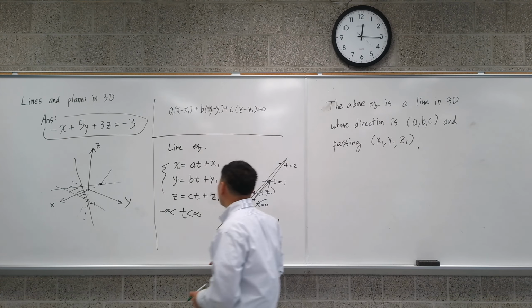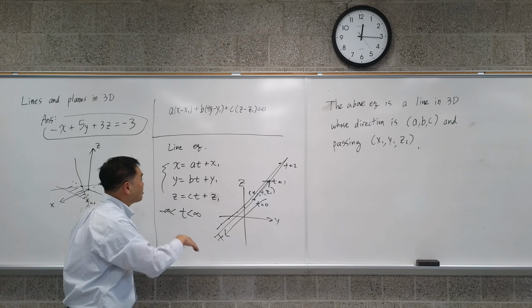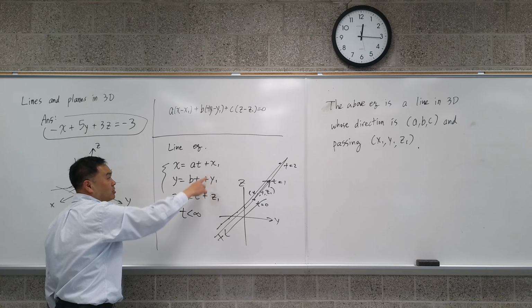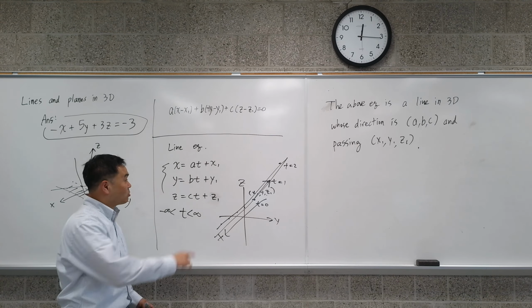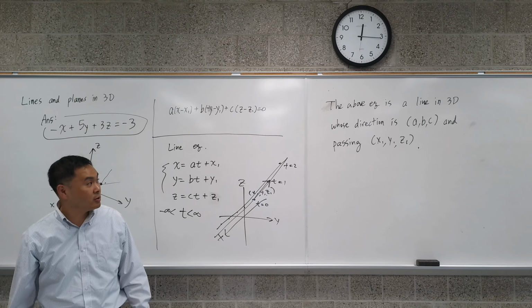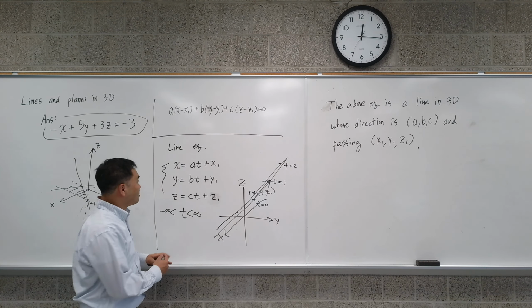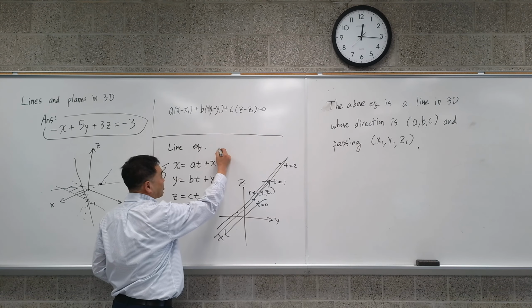And the reason that we know that x1, y1, z1 itself is a point on this line is because if I plug in t equals 0, it gives you the three numbers, x1, y1, z1. Okay? So this is the formula. And this formula is called the parametric form.